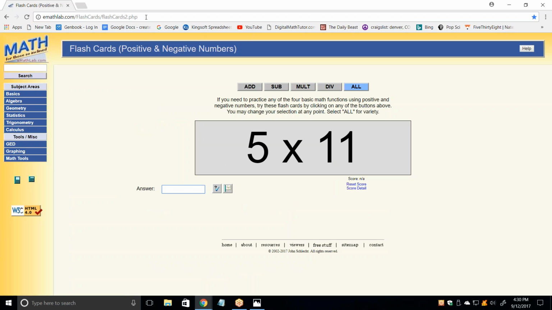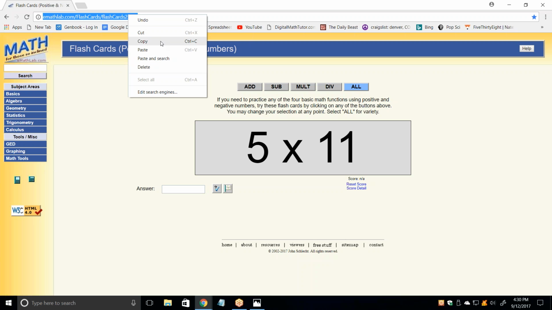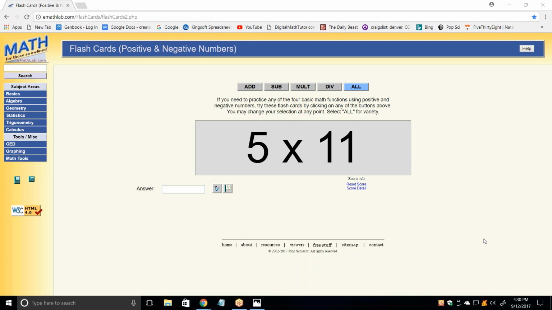I'm going to copy and paste this into the chat window. You see it? Click on that link. Should open the same browser page that I have, pretty much. Maybe with different numbers, okay?